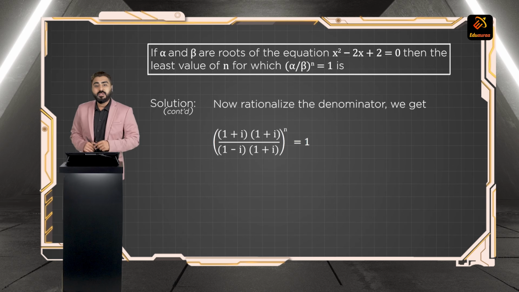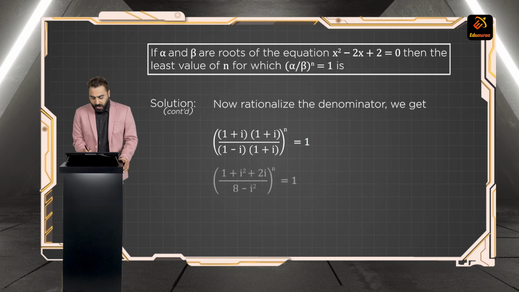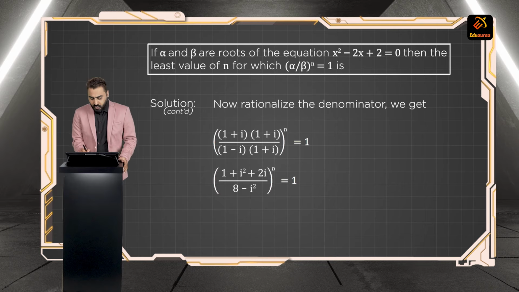And if you see the denominator, it is in which form? (a plus b) into (a minus b), which is a square minus b square. So the numerator formed will be (1 plus i square plus 2i) whole upon (1 minus i square) whole raised to n, which is equal to 1. So from this we get (2i upon 2) whole raised to n, which is equal to 1.